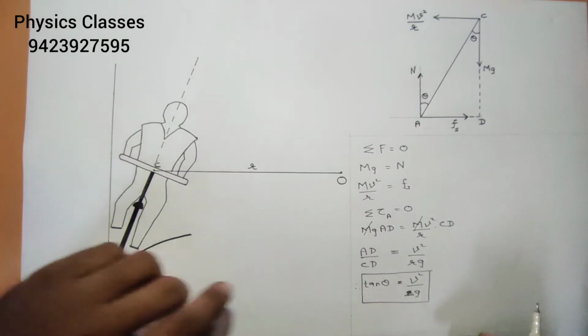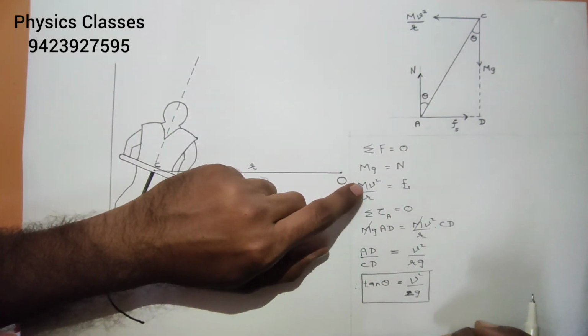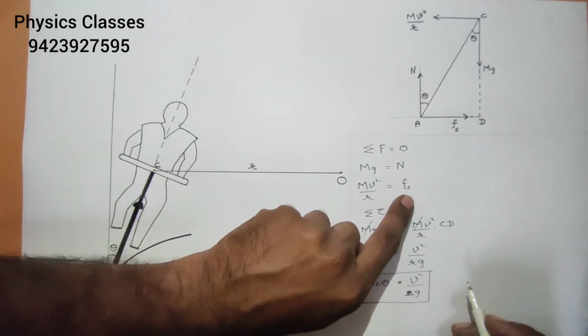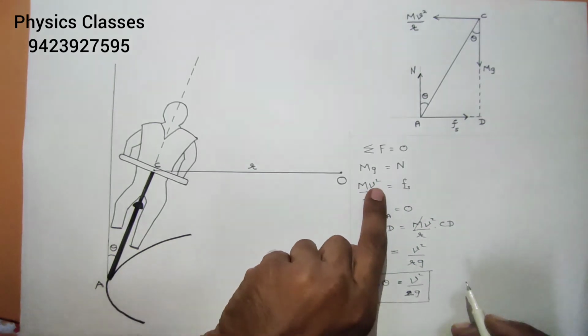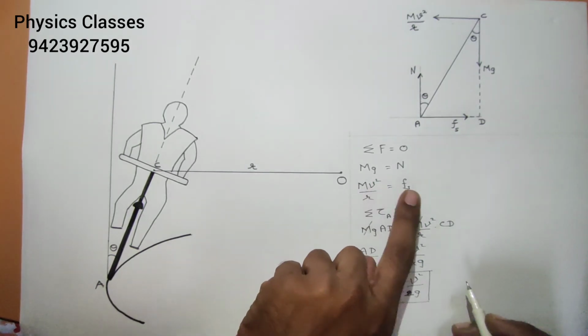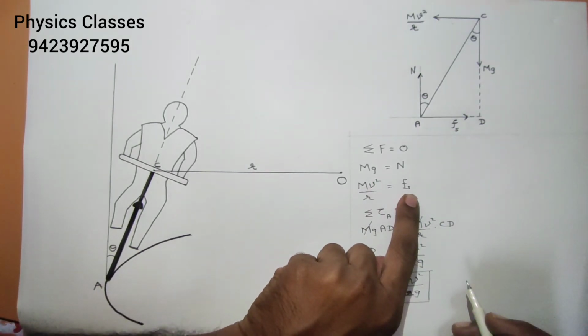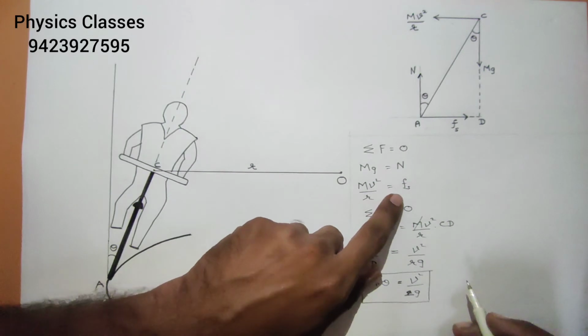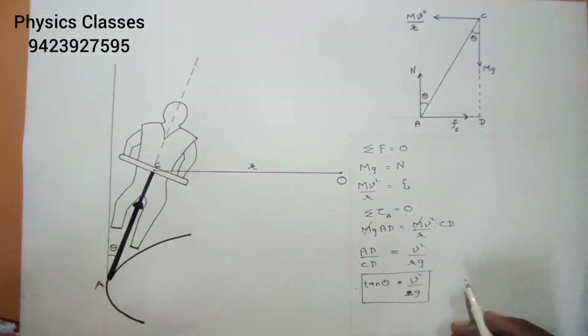Now let us concentrate on this equation. Over here, mv square upon r is equal to Fs. So if the velocity is greater, the static force of friction will also be greater. But we know that there is a limit to which the static force of friction can increase. That is the limiting force of static friction, which is also called Fs max.